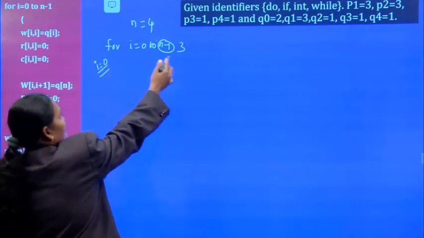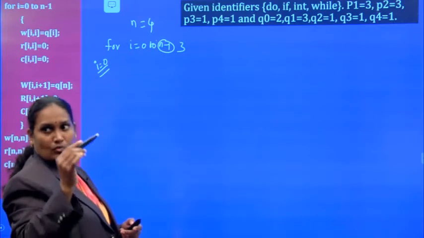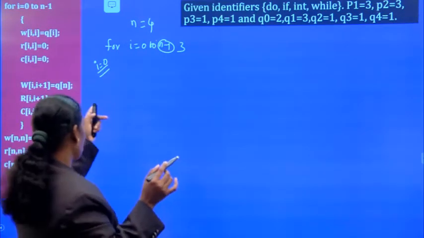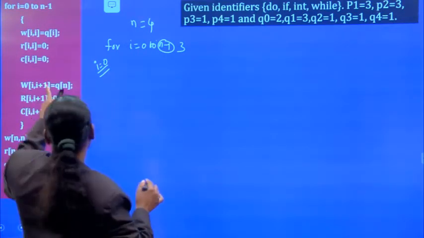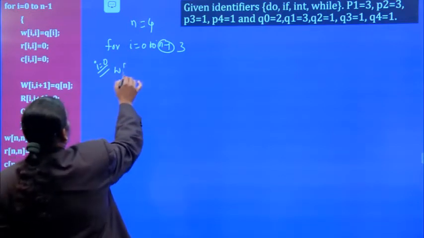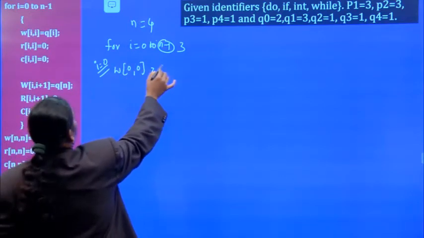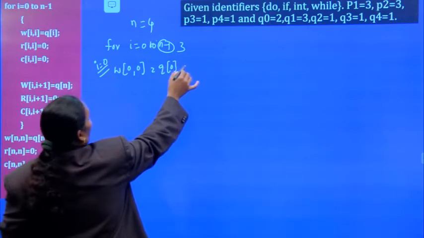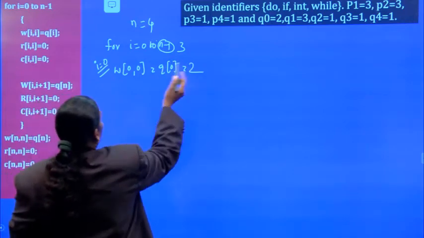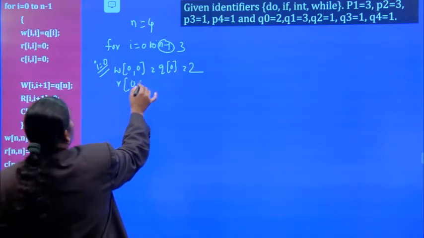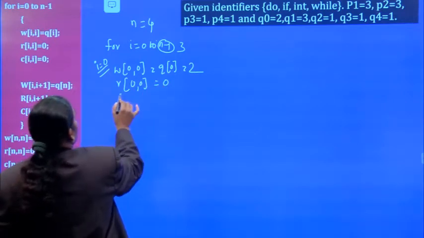So here I take 4 values: 0, 1, 2, 3. First I am taking i equal to 0. Now let us see what I need to do. W0,0 is equal to Q0. What is the Q0 value? 2. In the same way, R0,0 is equal to 0.